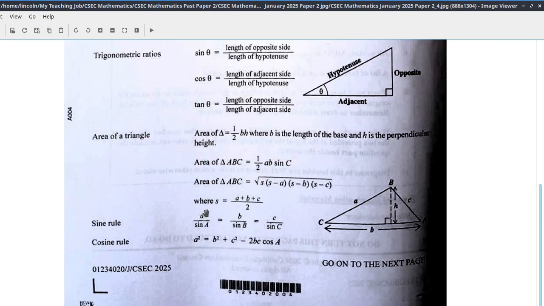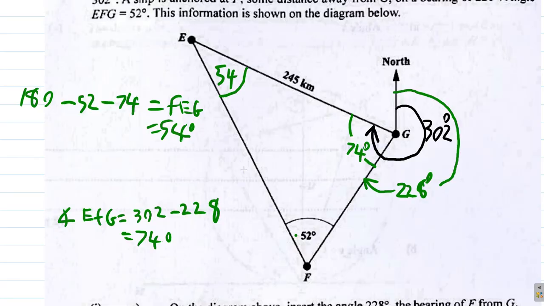You have small a, which is a length, over the sine of the angle opposite to it, equals small b, the length b, over the sine of angle B, equals the side c over the sine of the angle C. You have it here, the sine rule, and then the cosine rule. The small a, b, and c are the sides, and big A is the angle opposite to the side. But we'll see how it works out here.